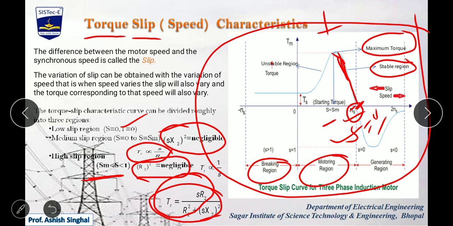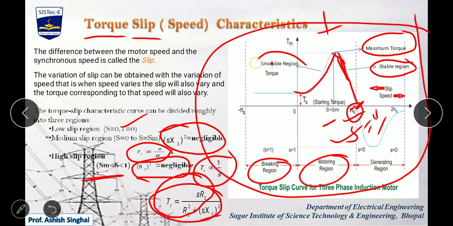So my torque will be inversely proportional, T proportional to 1 upon S. That is why my torque exponentially goes down.